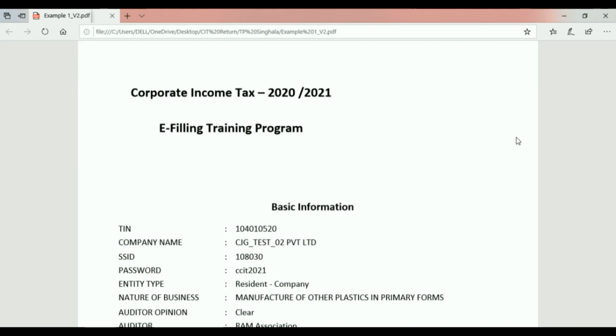Then secondly, you prepare another one. Likewise, there would be so many processes. But this system provides the facility: you can open the draft and do the calculations, discuss based on this, then change the value. Thereafter, ultimately you can finalize, and the finalized document is submitted to the department.